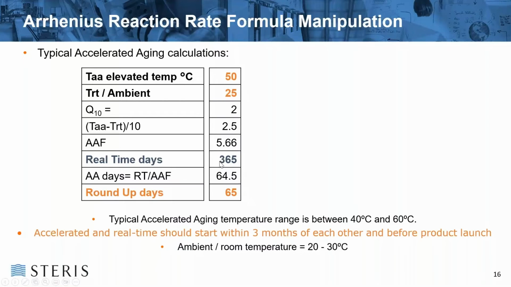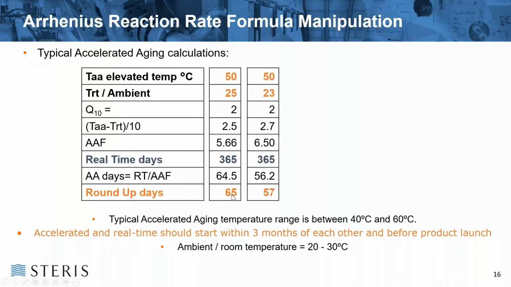So if you divide 365 by 5.66, it basically rounds up to 65 days that the product would have to be in the chamber. If you make a slight change to that formula where you decrease the ambient temperature by a couple of degrees, you can see that the accelerated aging factor has now gone up to 6.50, but it's also reduced the actual time in the chamber.